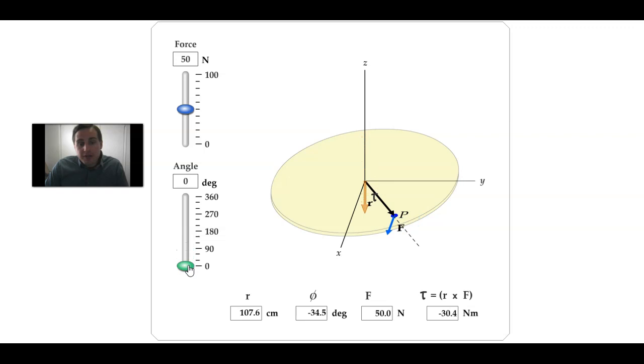Notice if we go down to 0 degrees here, phi is negative 34.5 degrees. Now that's not optimal, but it certainly is a larger torque than we had before. If we wanted to get still even larger magnitude, but still a negative torque, we would increase the force. And again, this turntable should probably rotate clockwise.